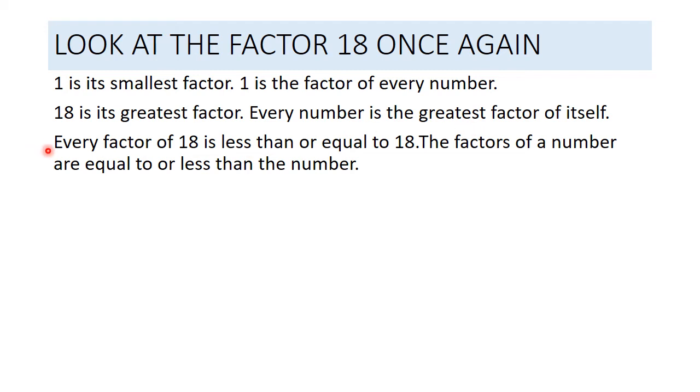Next, every factor of 18 will be smaller than or equal to 18. We have seen the factors of 18: the numbers 1, 2, 3, 6, 9 were smaller than 18, and 18 itself is a factor of 18. So the factors of a number are equal to or less than the number.